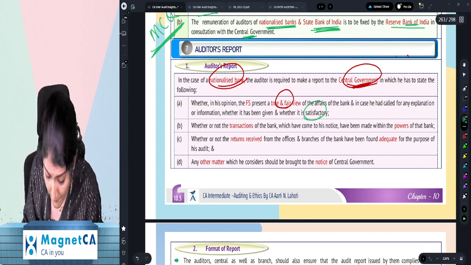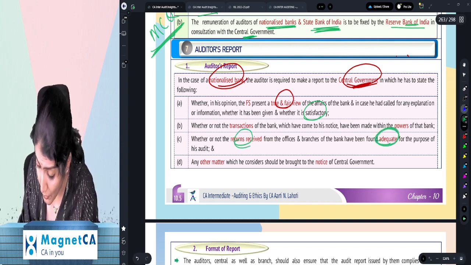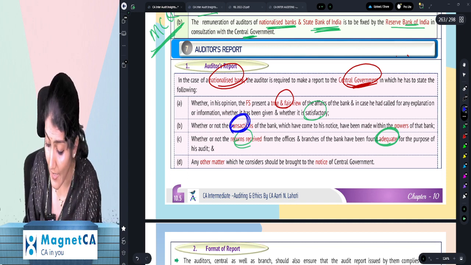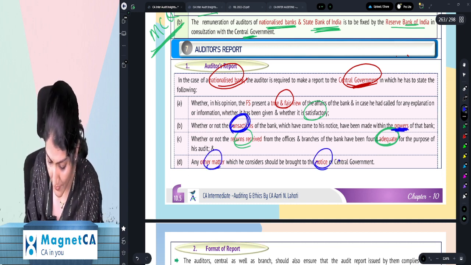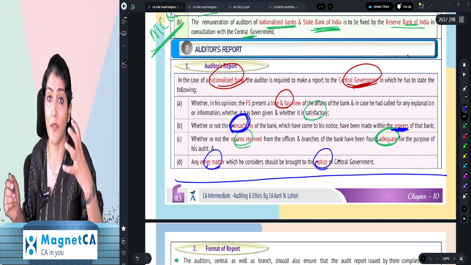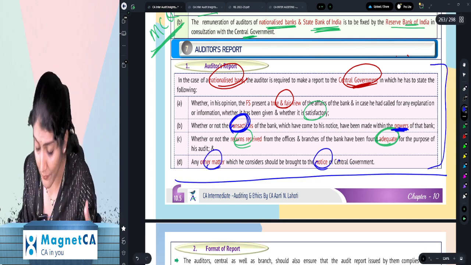Then whether the returns received from the branches have been found adequate. Then whether the transactions of the bank are within the powers of the bank, and any other matter which the auditor considers should be brought to the notice of the central government. So these are the contents of the audit report.